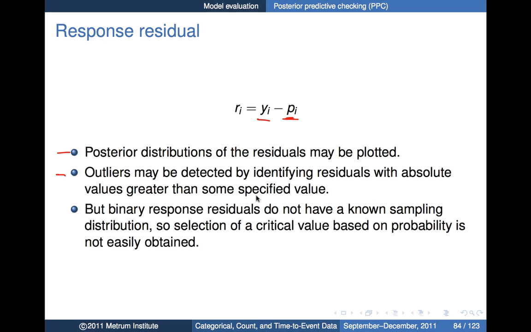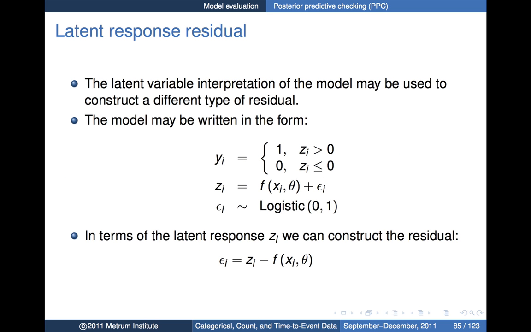One problem with coming up with that specified value is that these sorts of binary response residuals do not have a known sampling distribution, so it's hard to come up with a really nice, rigorous critical value based upon probability theory. But nonetheless, they are done sometimes.